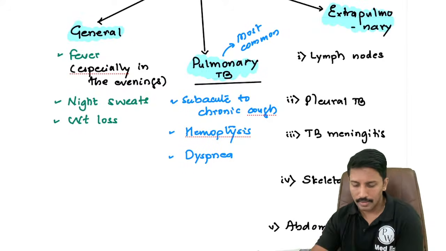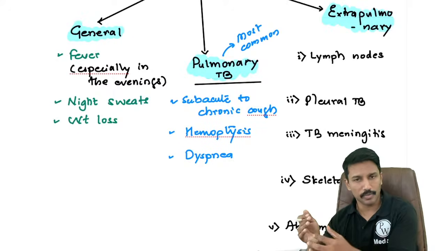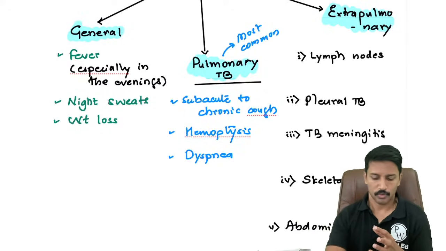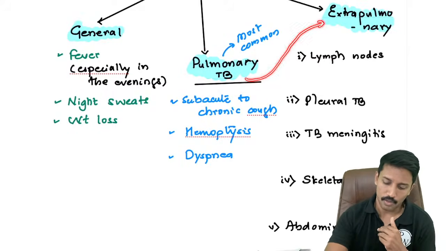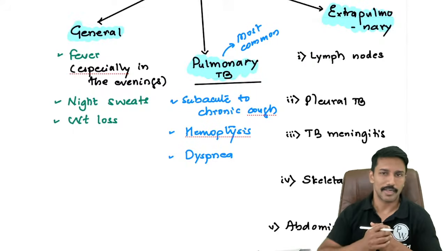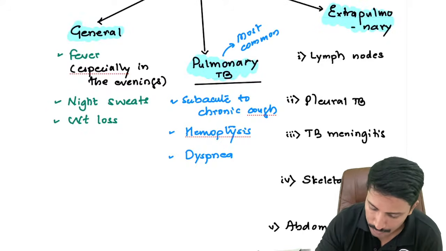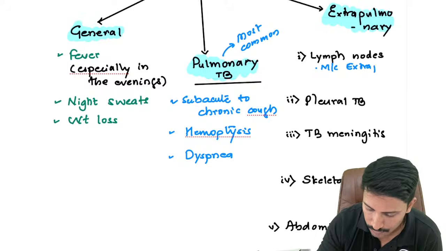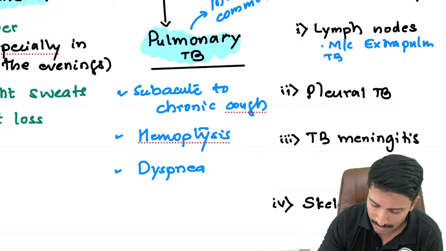Okay. Apart from that, there can be extrapulmonary TB. Extrapulmonary TB is relatively less common than pulmonary TB because pulmonary is where we acquire the infection. From here, it is the hematogenous spread or blood route spread to the other organs where the TB bacilli can multiply. So among the extrapulmonary TB, lymph node TB is the most common site of TB.